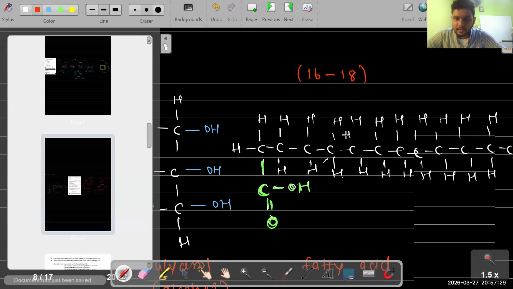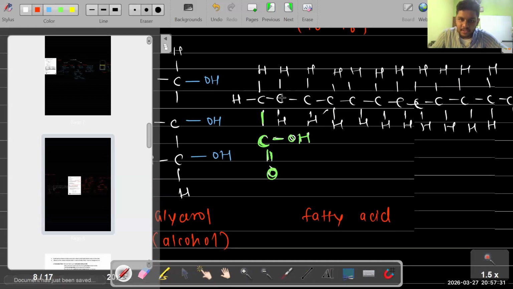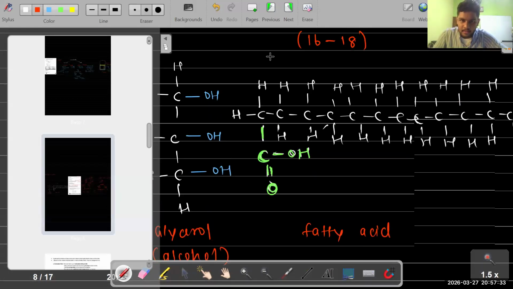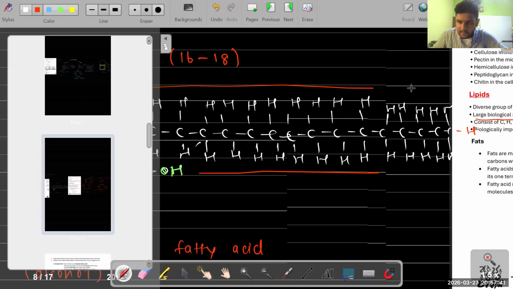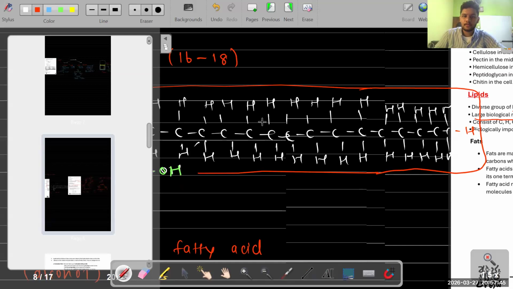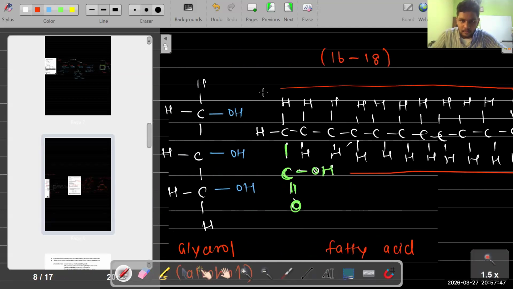Now see, this is the part that is called the carbon skeleton or chain.